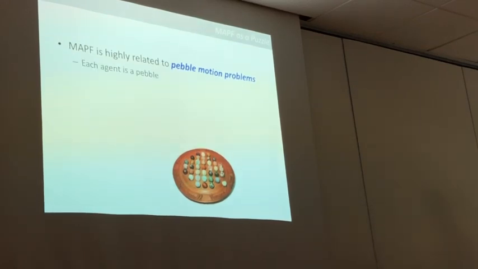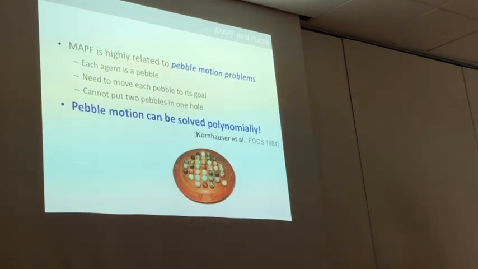You can see the mapping, right? Even Roman said that 15 minutes ago. Each agent is a pebble, and you need to move each pebble to its goal, and you cannot put two pebbles in one hole. Surprisingly, this puzzle can be solved in polynomial time, cubic in the graph size.